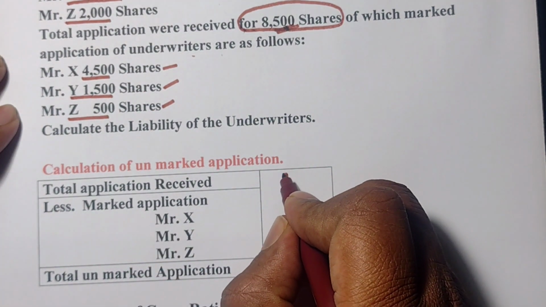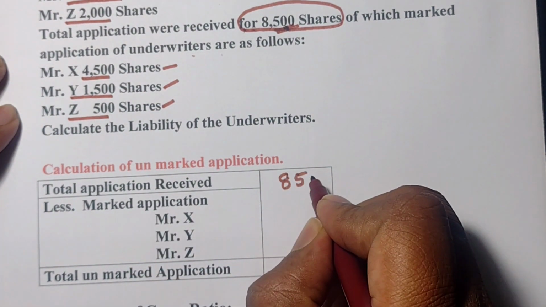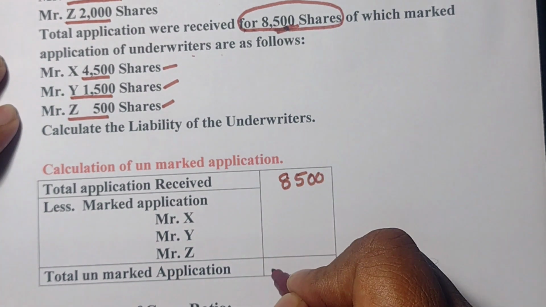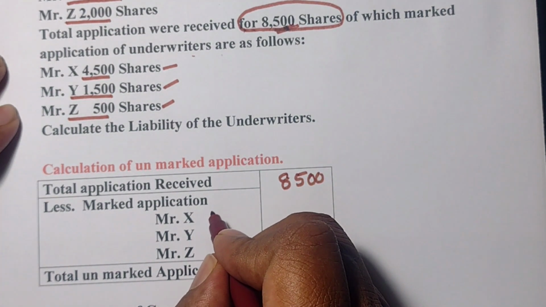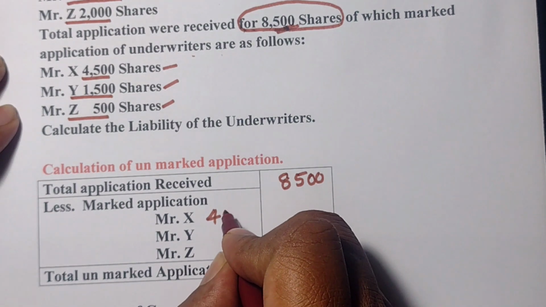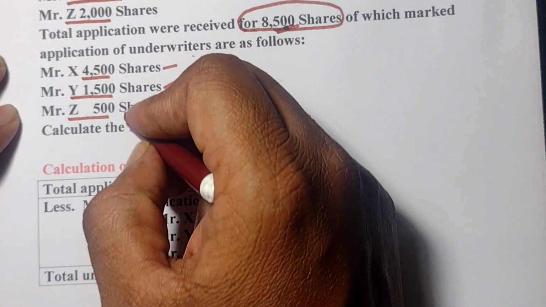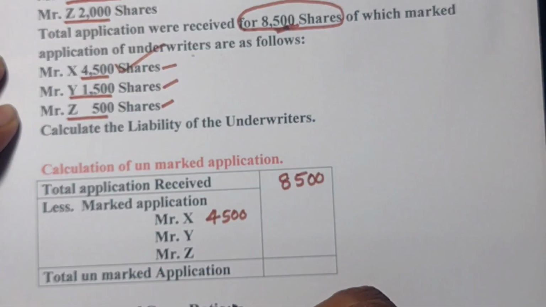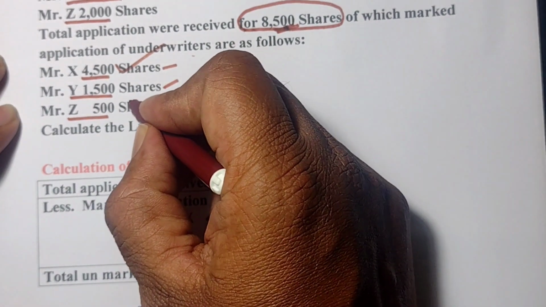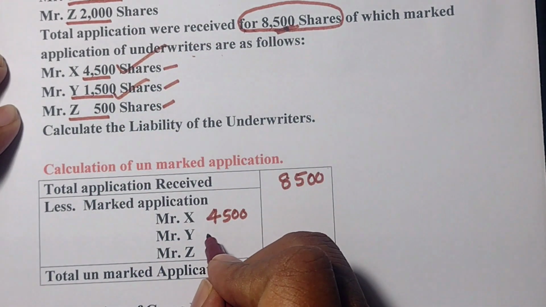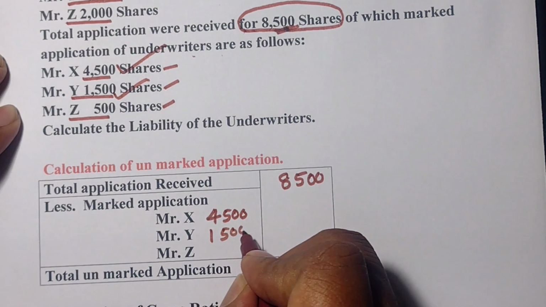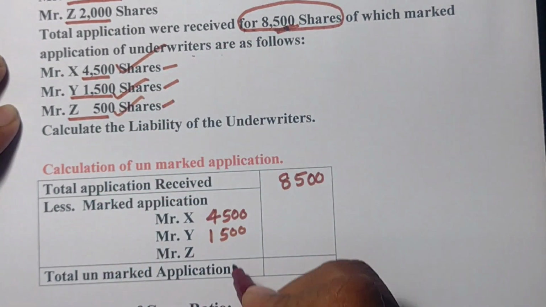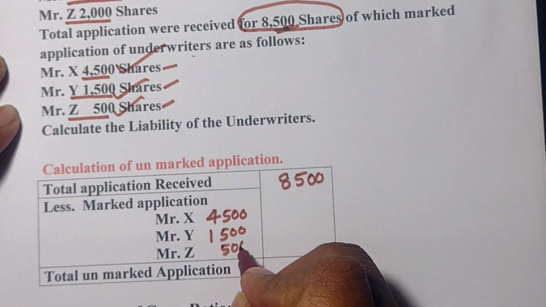The total application received from the public is 8,500 shares, of which the marked application of Mr. X is 4,500 shares, Mr. Y is 1,500 shares, and Mr. Z is 500 shares.